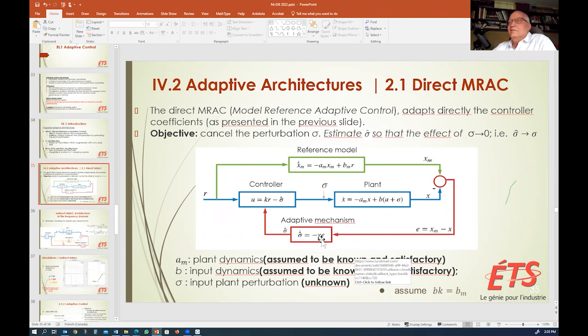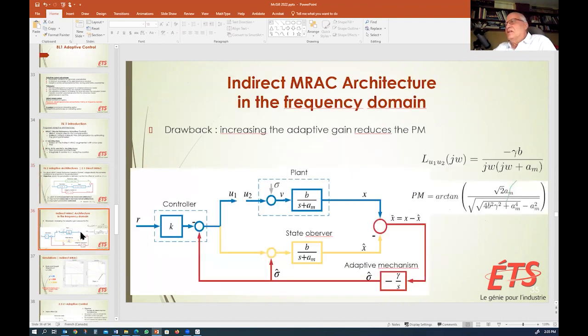Although there are some reservations about its theory, many people use the MIT gain successfully for basic designs. But for sophisticated designs, I would go to a more sophisticated Lyapunov function. This is the indirect MRAC, where I do the same thing, but this time I have a state observer, and the difference is going to be fed back.